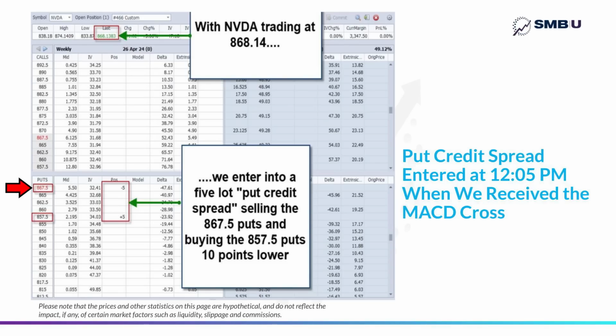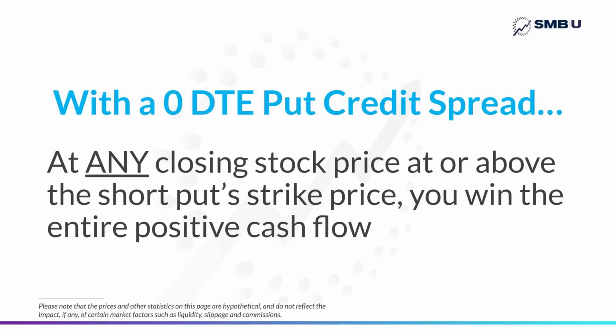Then, even though the closing price was only 63 cents above the short put strike price, the short puts and of course the long puts still expire with no value. In other words, at any closing stock price above the short put strike price, we make the same $16.50 as our trade profit, because at any price above $867.50, both options expire worthless, obviously.